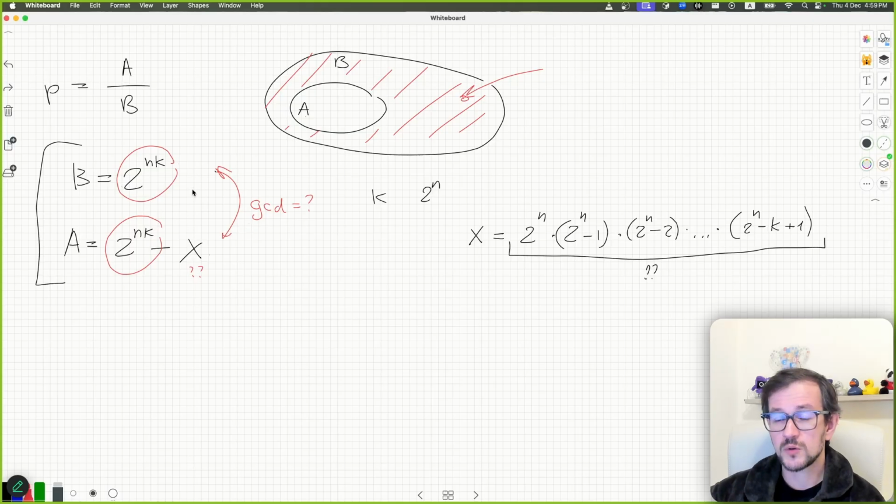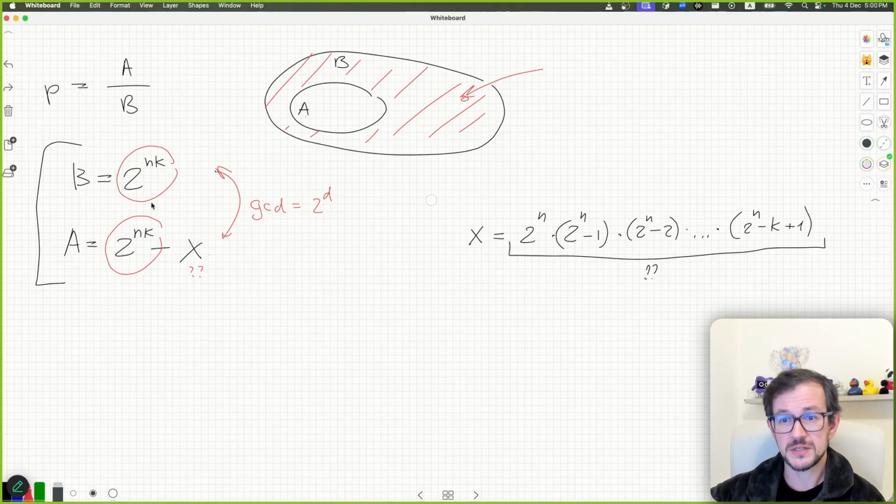Okay, at first, the greatest common divisor is definitely some power of 2. 2 power some number. I don't know which variable we need to use. Let's say power d. So we need to find the largest power of 2 which divides both a and b.